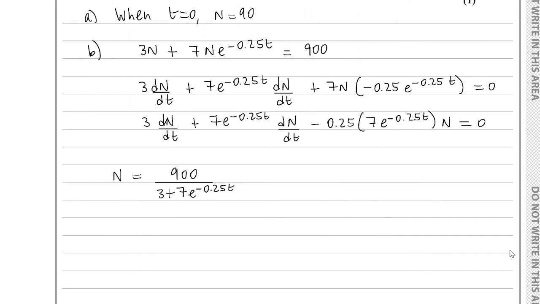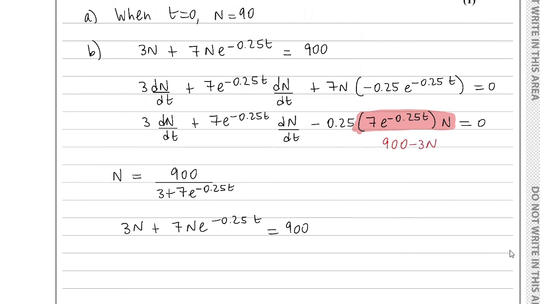So if we cross multiply, we get 3n plus 7n e^(-0.25t) is 900. So I know that in the place of 7e^(-0.25t) times n, I could put 900 minus 3n.